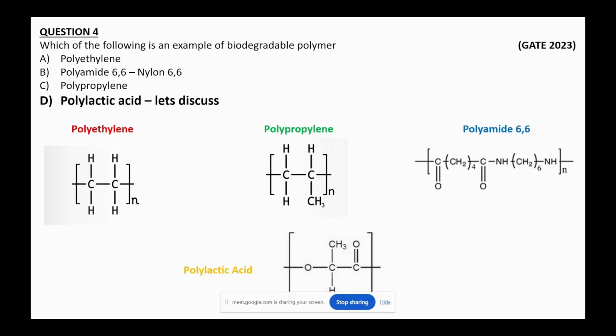Because of this, these polymers come under the class of biodegradable polymers, because they are more susceptible to attack from the enzymes and bacteria present in the environment. They are broken down into smaller molecules which can then be taken up by the environment, and that is the reason why polylactic acid is one of the biodegradable polymers.